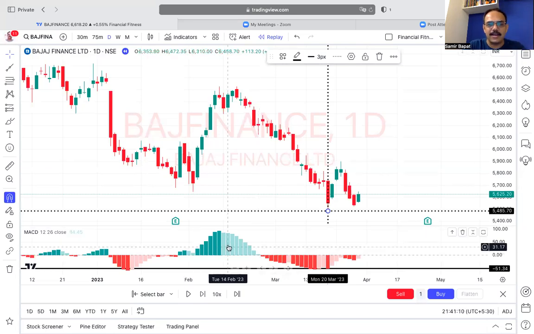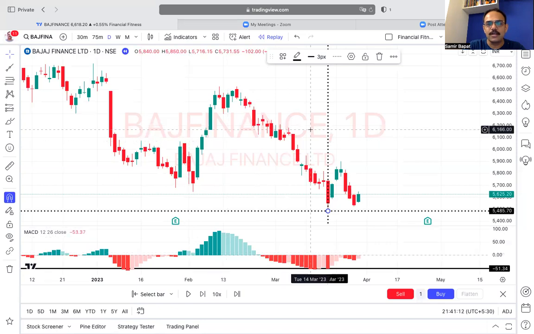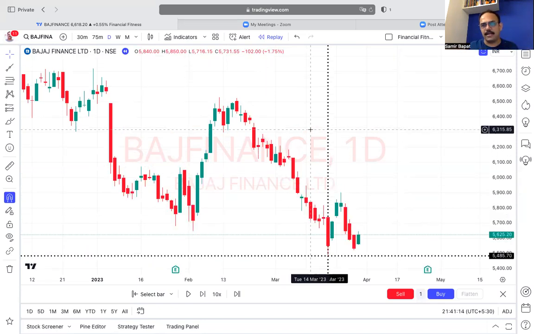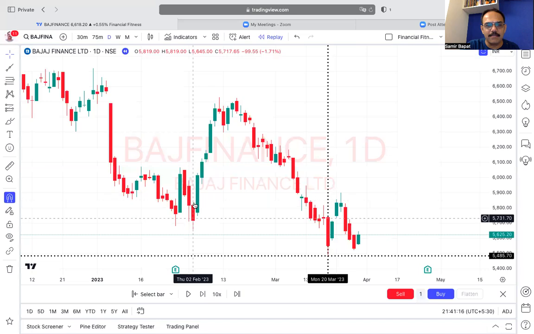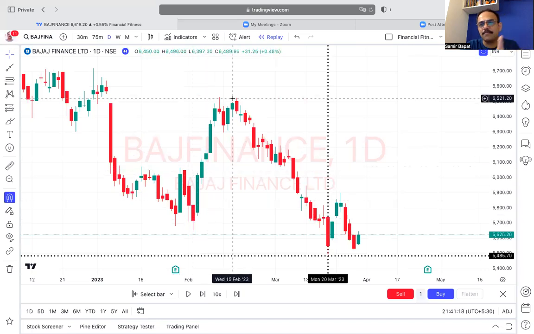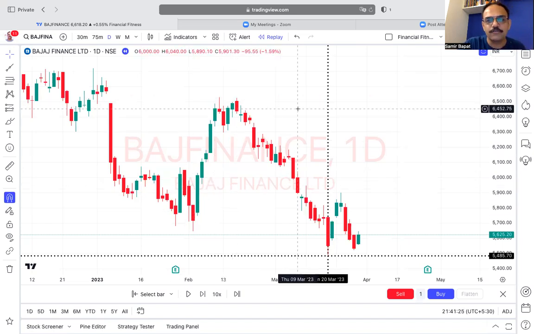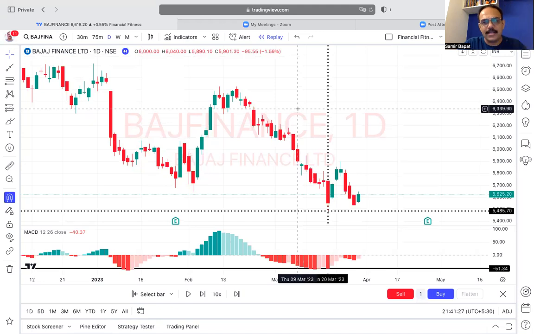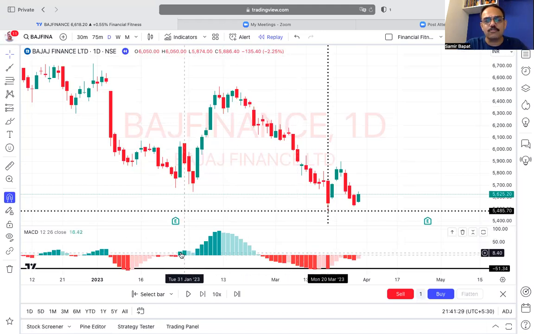See, if I make this histogram disappear, it is not that I will not be able to make out with my eyes that the price is going up and the price is coming down. I can easily make out. There is no rocket science in this. Visually also I can see it is going down. If I bring in a MACD histogram, it is also saying the same thing.